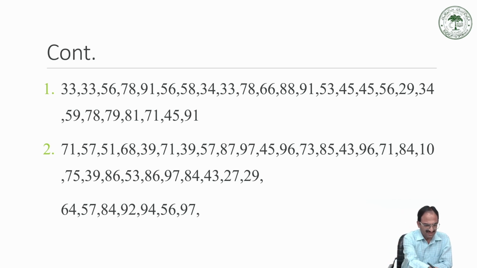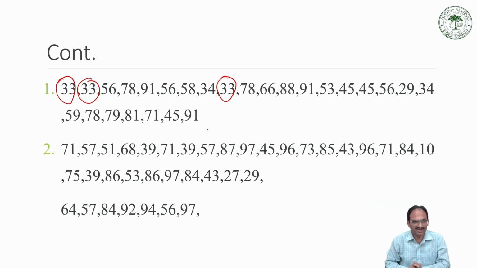So, let's see: 33, one time, second time, third time. Then if you move ahead, that's it. So 33 is repeating 3 times. If you see another number, so 56, I'm making a triangle, 56.